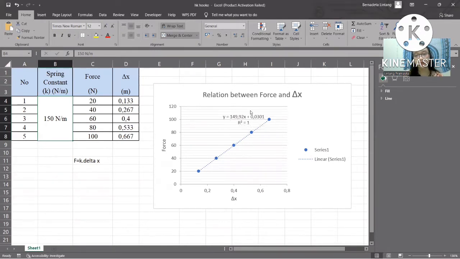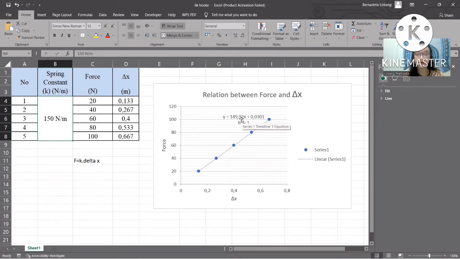And based on this graph, we can say too that the greater the force, the greater the increase in the length. Or it can be said that the relation is directly proportional. And through the gradient of the graph here, we can also see that the spring constant used is proven to be 150 Newton per meter.